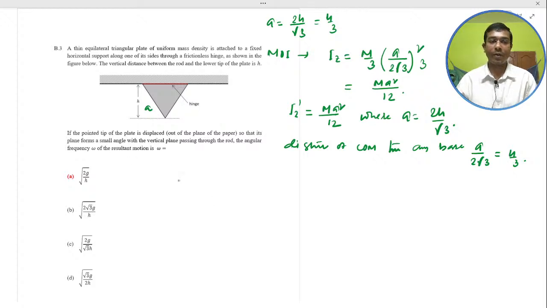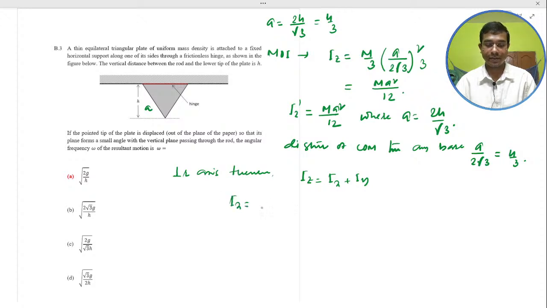So from the perpendicular axis theorem, Iz is Ix plus Iy. Put this value. Ix is Iy. That means Ix equals m a square by 24. This is equal to, in terms of h, m a square by 18.